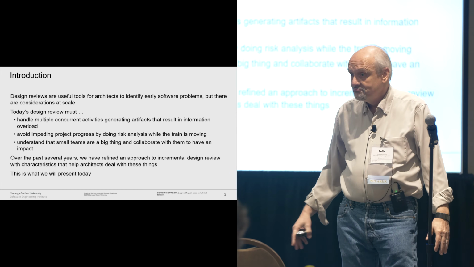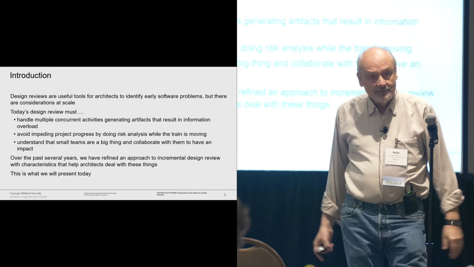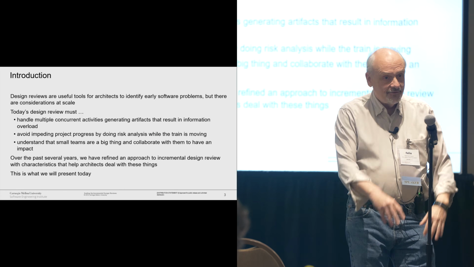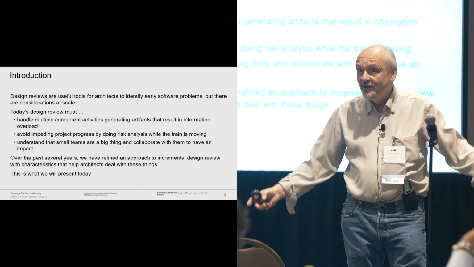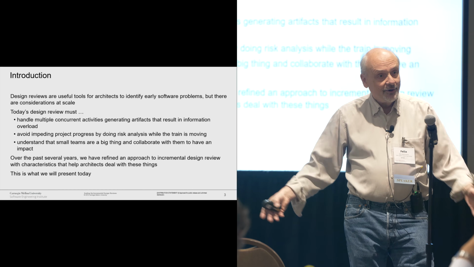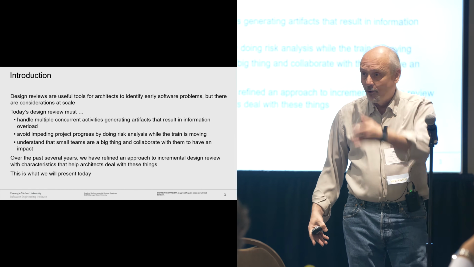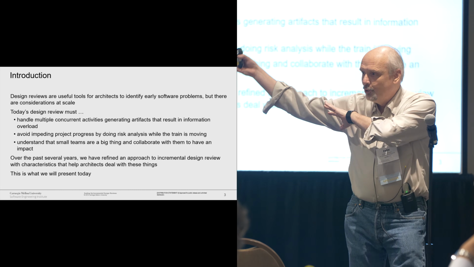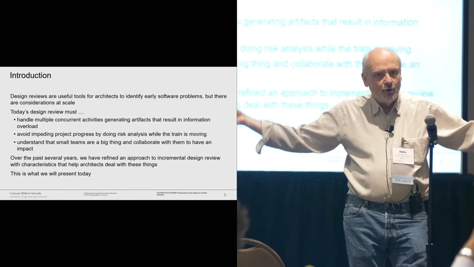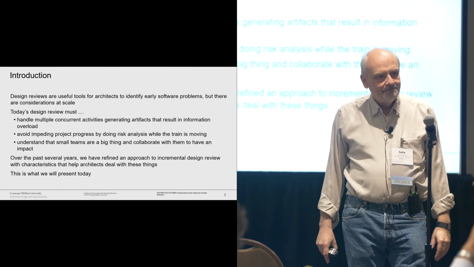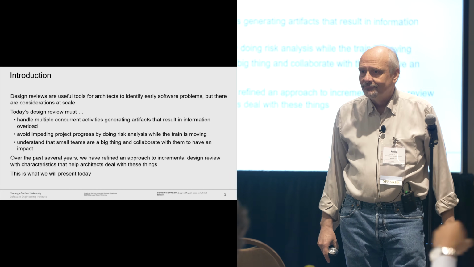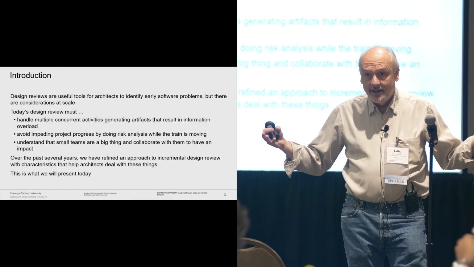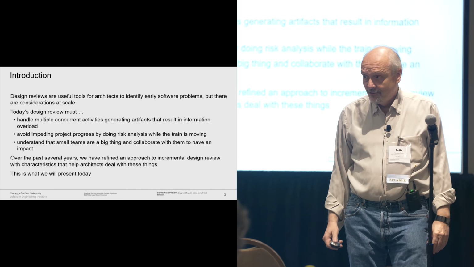Assuming you have not just one team, but 20 teams, 40 teams with 50 applications, all in different stages of development with different technologies, some very old, some very new, to make all of this happen. Design review is a good thing that helps you to do so. But on that scale, and in an incremental fashion, it is a challenge.